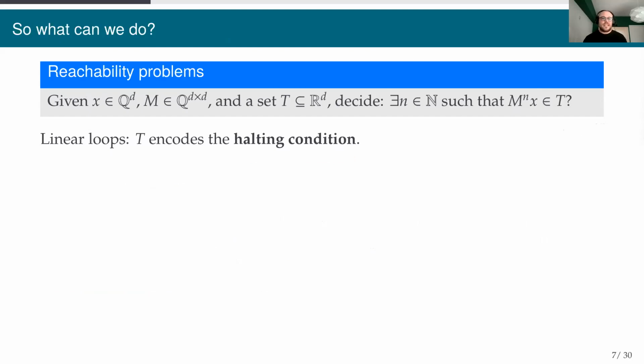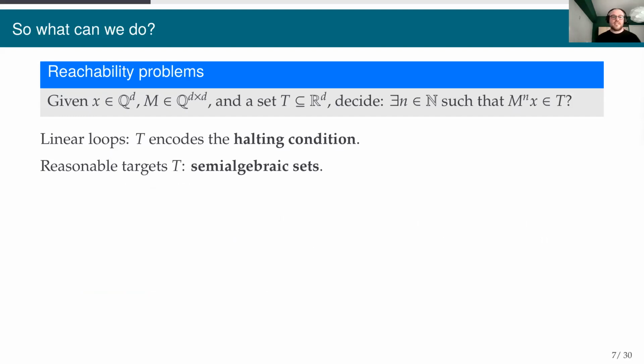Okay, so in general, you have your initial point x, you have your update matrix M, and now you have a target set T. You want to decide if the orbit is ever contained in this target set T. For linear loops, T encodes the halting condition of the loop. Reasonable targets would be semi-algebraic targets.